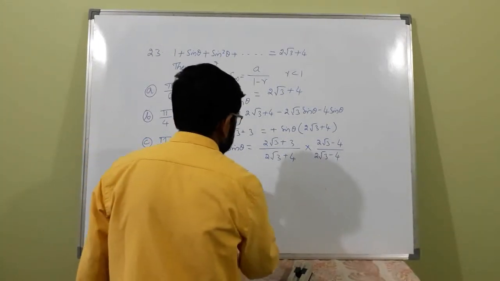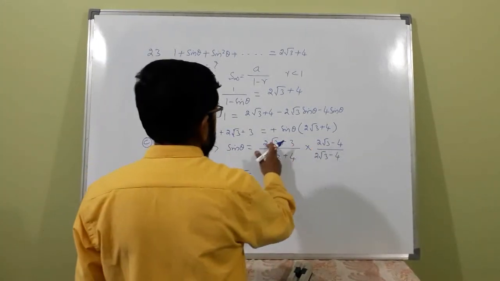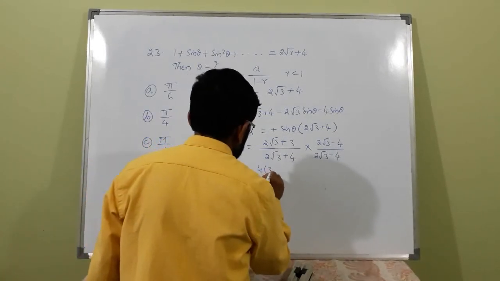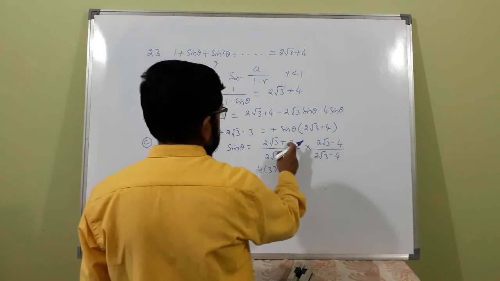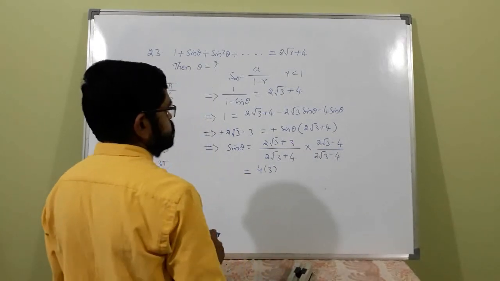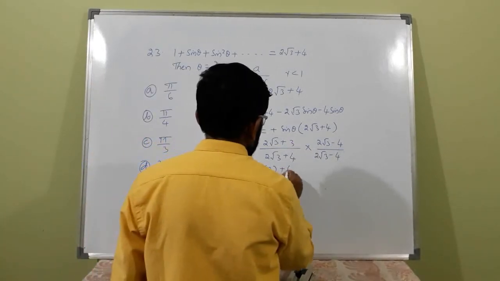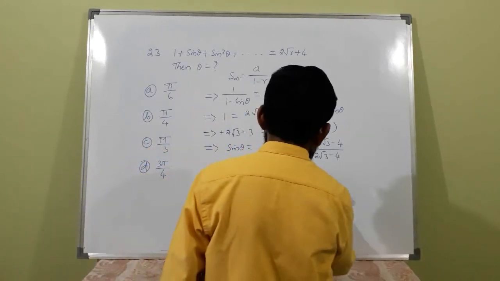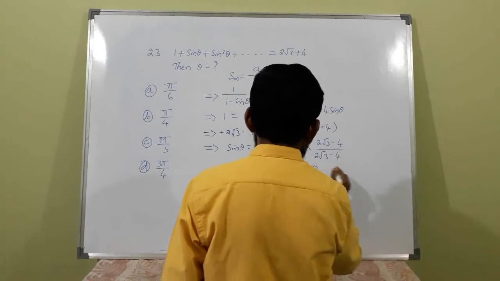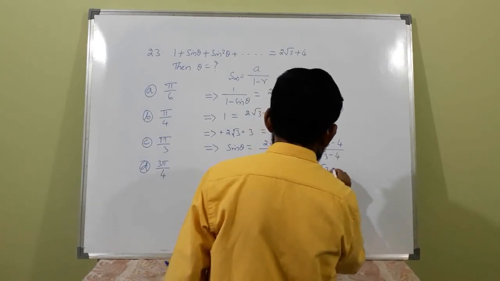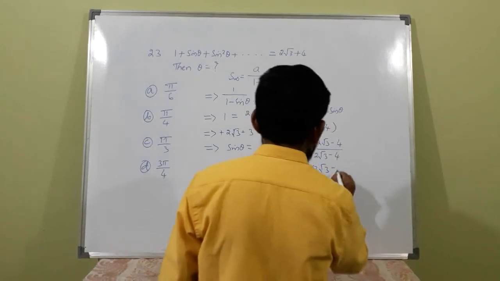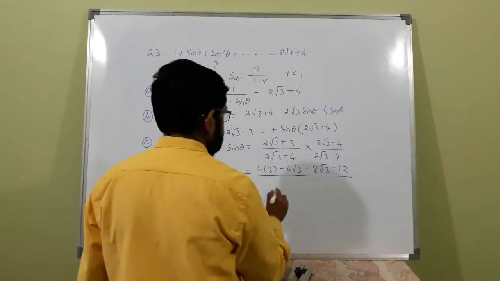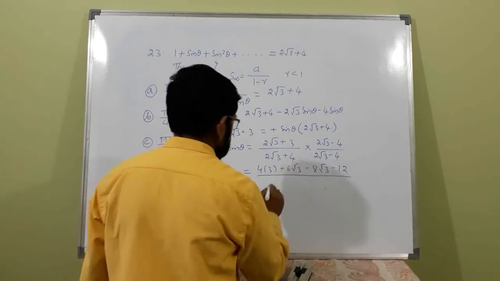Now this implies 2 root 3 into 2 root 3, 4 into 3, then 2 root 3 into 4 with the plus 6 root 3 minus 8 root 3, minus 12, divided by, this will be 4 into 3, that is 12.